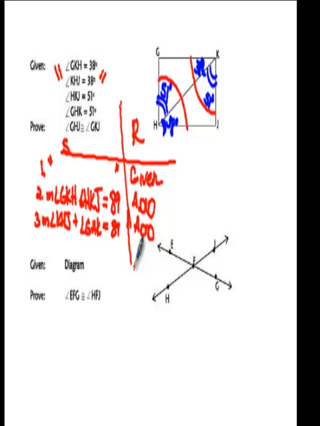The same value. I get two congruent angle measurements. In this particular case, they are not right angles, but they are actually the same measure. So I could conclude that angle GHJ is congruent to angle GKJ. And the reason why I know that is because congruent angles have the same measure.